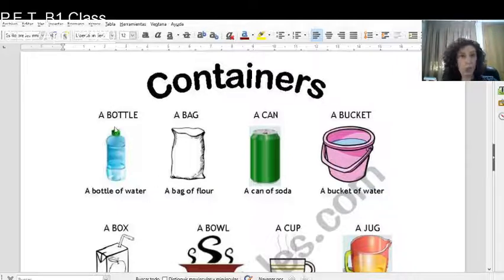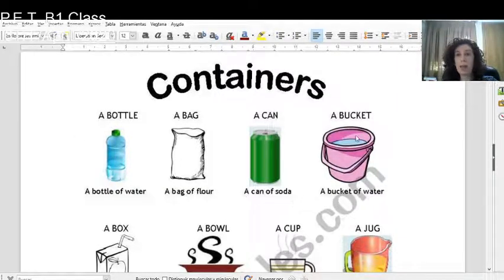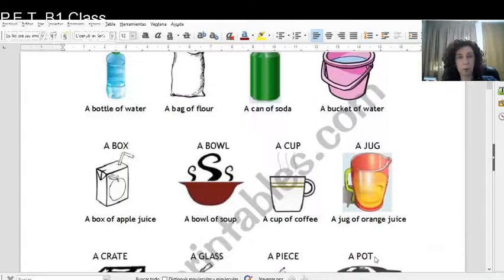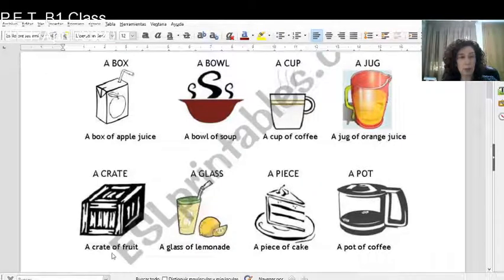For example, with liquids, a bottle of water, a bottle of fizzy drinks, a bag of flour, a can of soda, a can of Coke, a bucket of water, a box of apple juice, a box of orange juice, a bowl of soup, a bowl of cereal, a cup of coffee, a cup of tea, a jug of orange juice, and more containers, a crate of fruit.